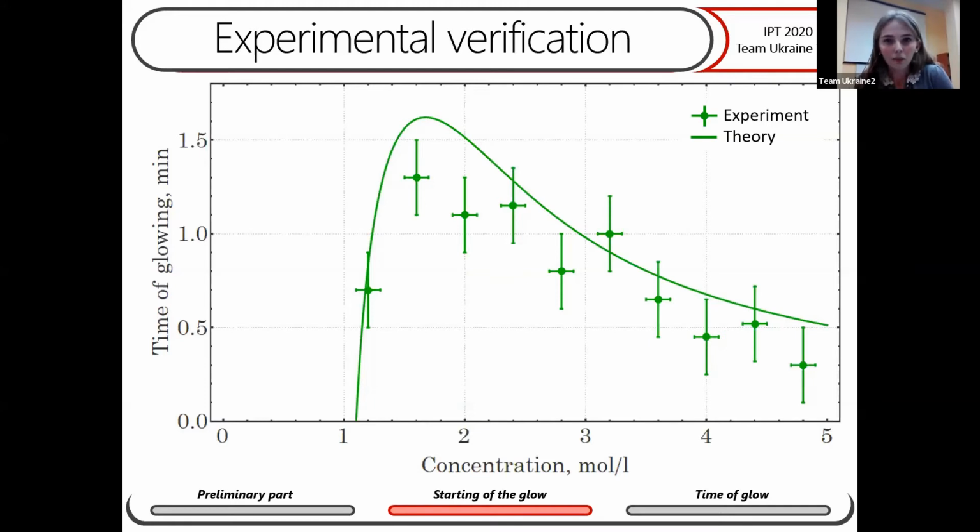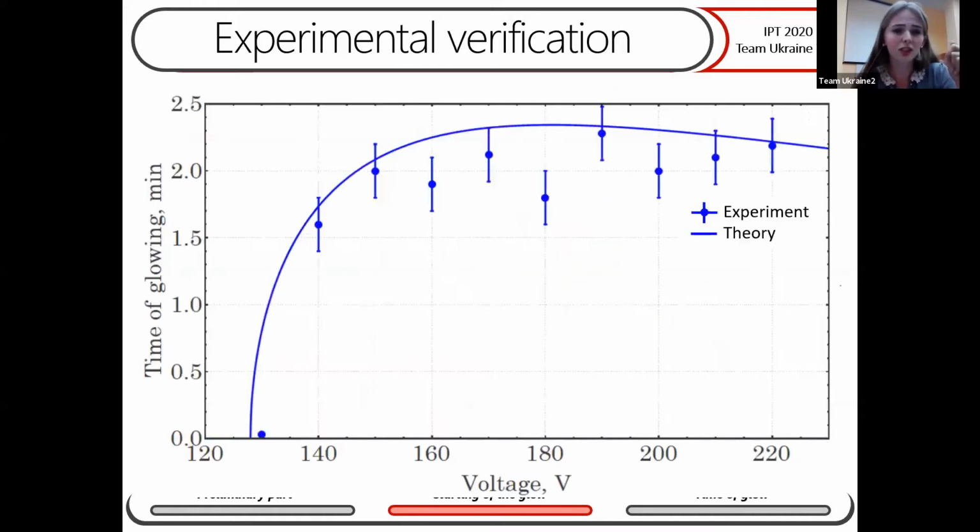Okay, we can move to the dependence of the time of glowing on voltage, and we see that with increasing voltage the time of glowing increases too, because the necessary thickness of the gap stays bigger by the Paschen curves.